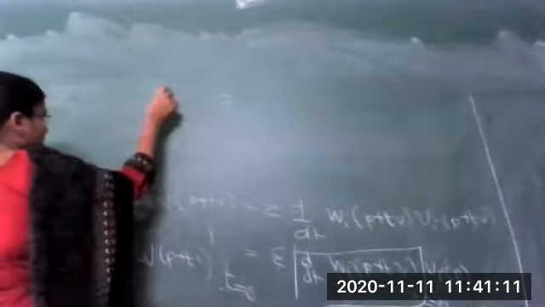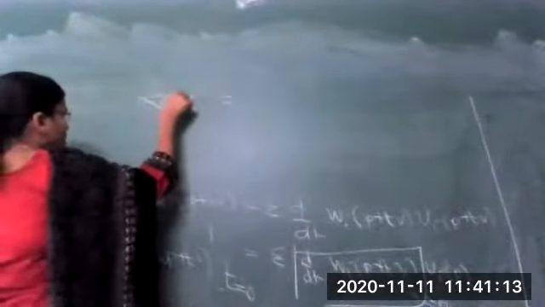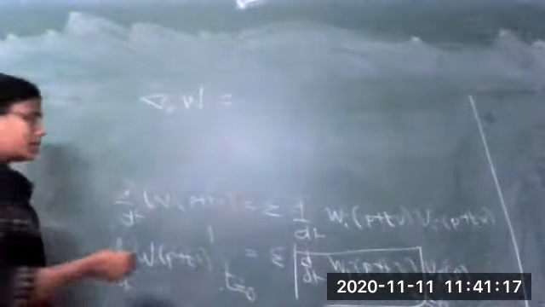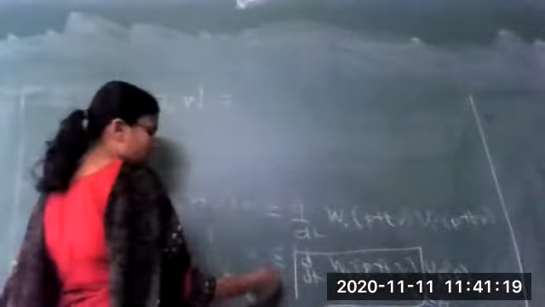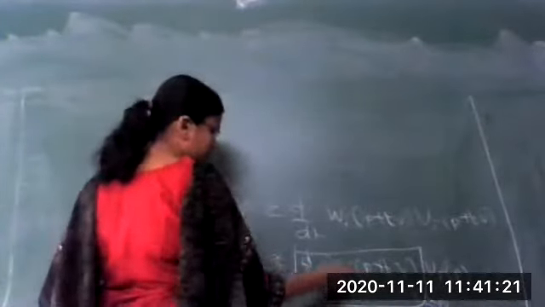So this will be nothing but your covariant derivative of a vector field W at a point P in the direction of V.